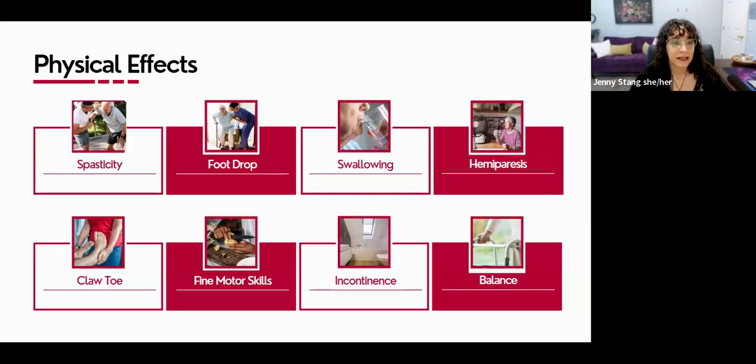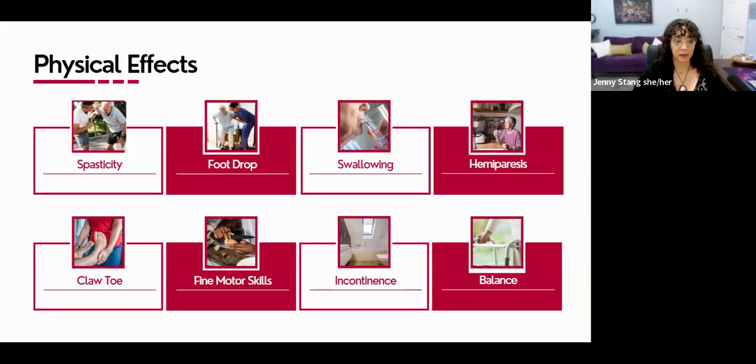Next thing that can be affected is fine motor skills. Fine motor skills are how we use our hands and coordinate the small muscles that control our fingers. And those skills, along with other arm functions like reaching or grasping, can be affected by stroke. And of course, the severity of the stroke will determine the extent of this weakness, okay?